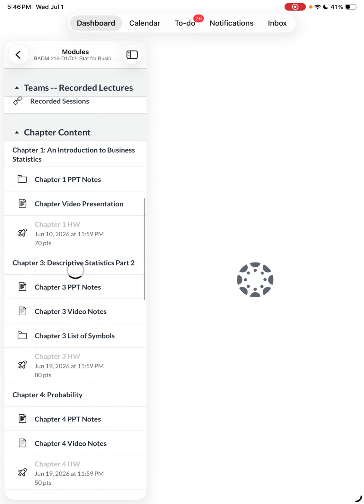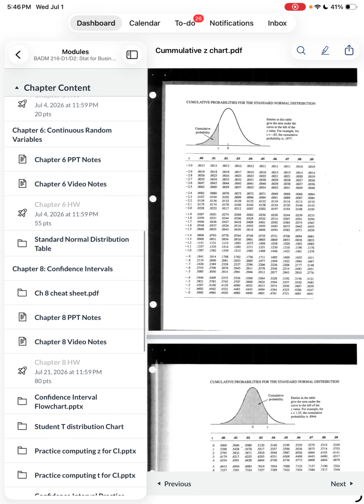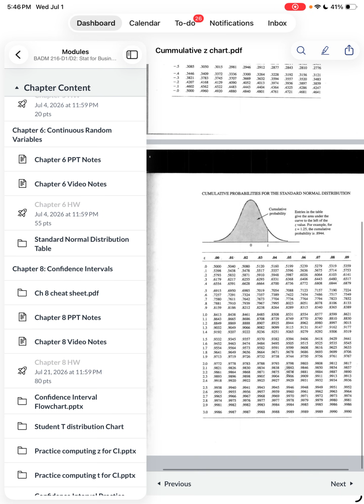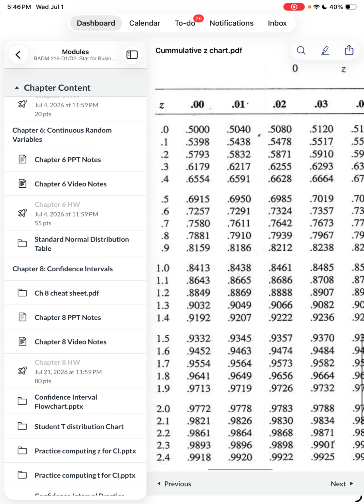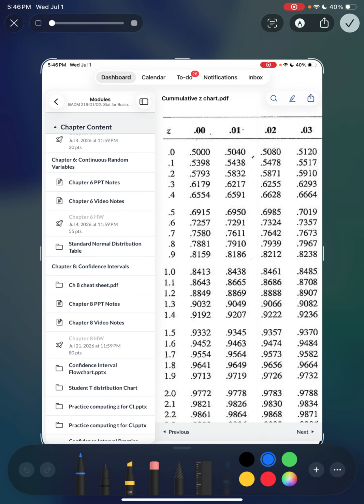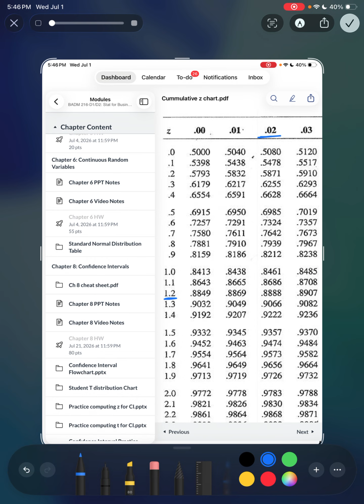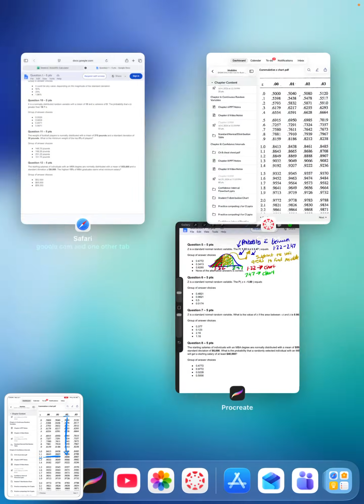We go to your modules, we go to standard deviation, and then 1.22 is right here. So the way I would do it is I look at 1.2 and I look right here, and that's 0.8888.